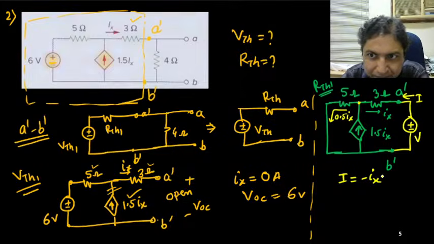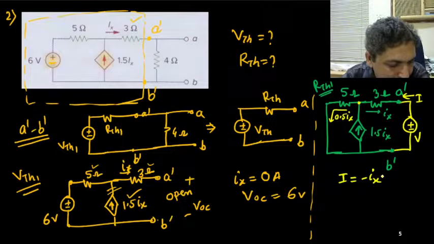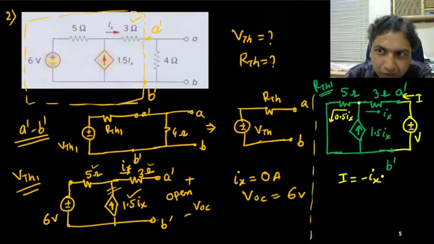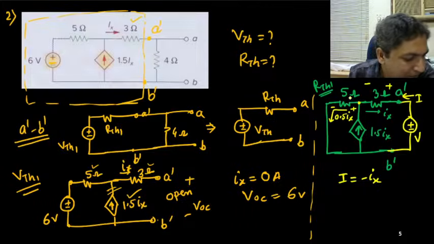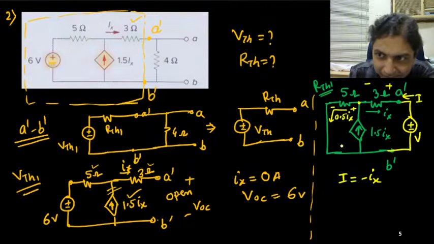Is it okay? So what is the voltage drop across this 3 ohm resistance? If I consider I is flowing, 3 into I, this is plus, this is minus, and potential drop across 5 ohm resistance, this is plus, this is minus, 0.5 Ix times 5, right?